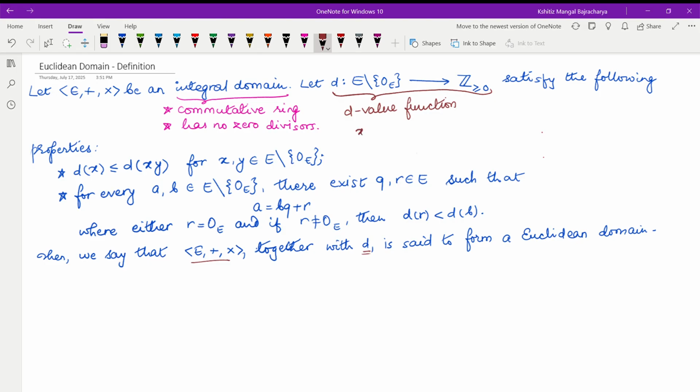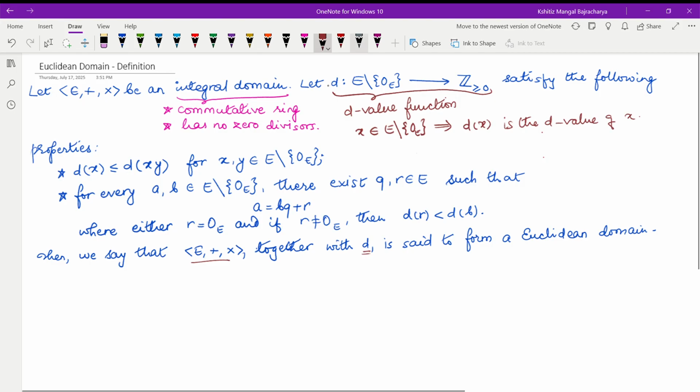Now, if x is any non-zero element of E, then we say that d(x) is the d-value of x. Obviously, since 0 is not in the domain of d, d(0) is undefined. We do not define d(0) at all, and we do not even extend this function d to include the point 0.